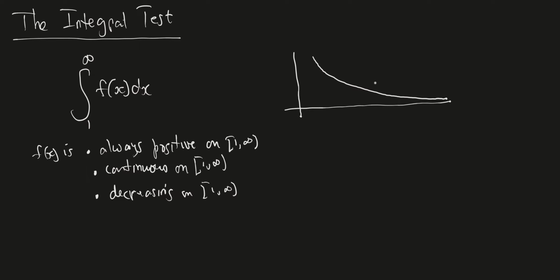And then as far as the area, if I mark this off as 1, our improper integral just represents the area of this unbounded region. And it's unbounded because there is no upper limit, right? So again, our upper limit goes off to infinity. So this is our unbounded region.